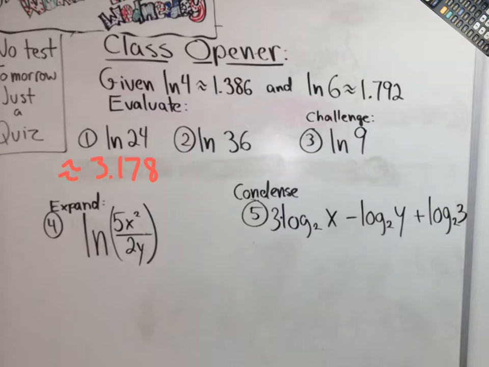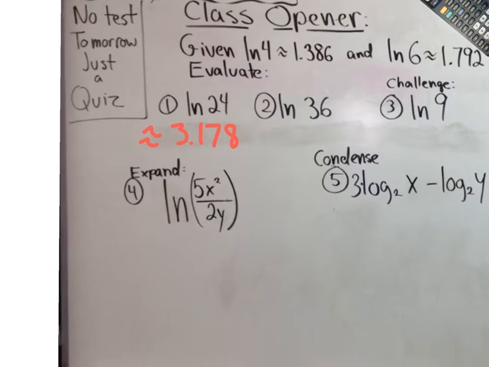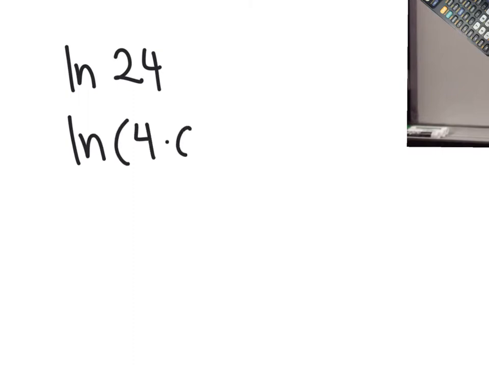But what we're going to do is manipulate the 24 so that we can change it to a 4 and a 6. So 24 could be rewritten as 4 times 6. So this is what I want to do. I want to go ln of 24. I'm going to rewrite it as ln of 4 times 6.